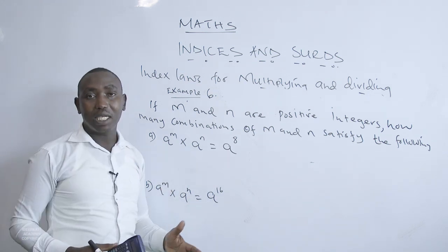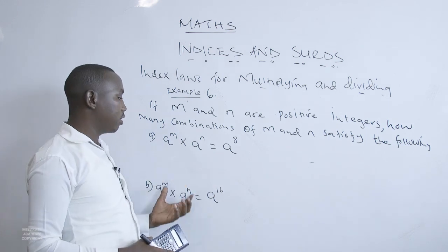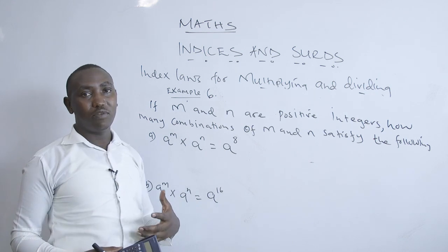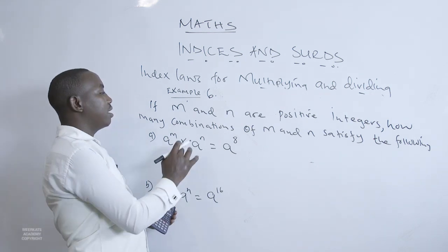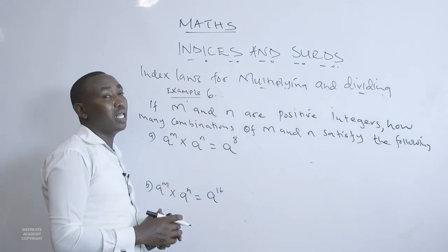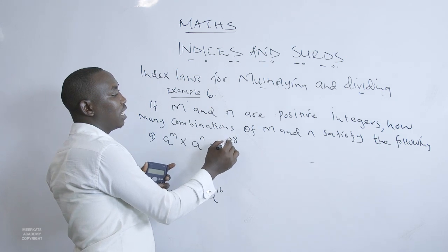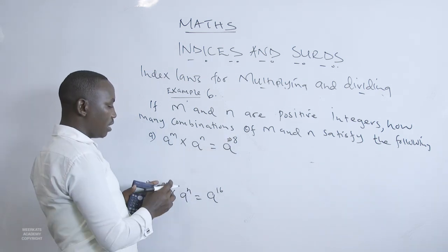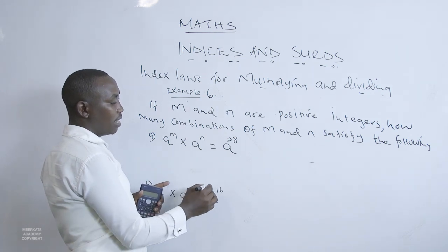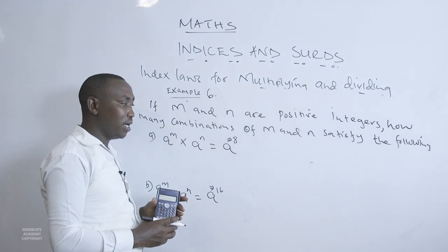So we are going to basically use the multiplication law because both of them involve multiplication. Then we understand that whenever we multiply, we add the powers. And in this case, we are supposed to find the combinations of M and N that will give us the resultant power, which is 8, and the combinations of positive integers for M and N that will give us 16.